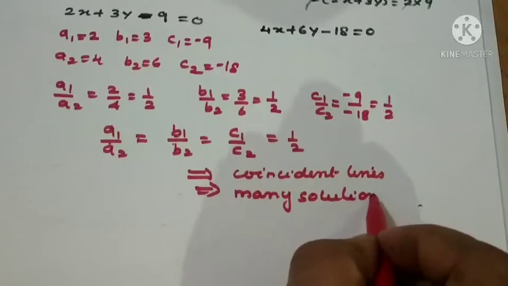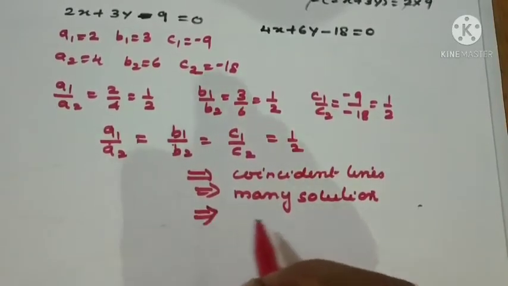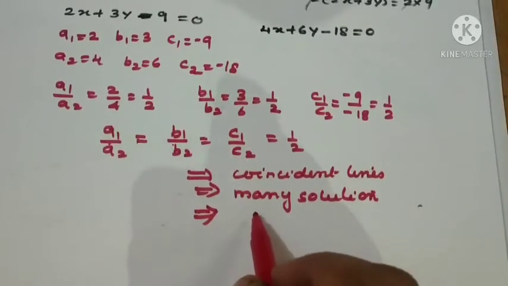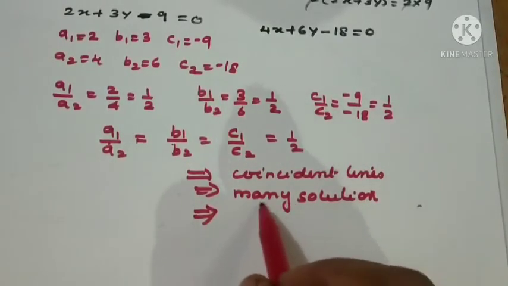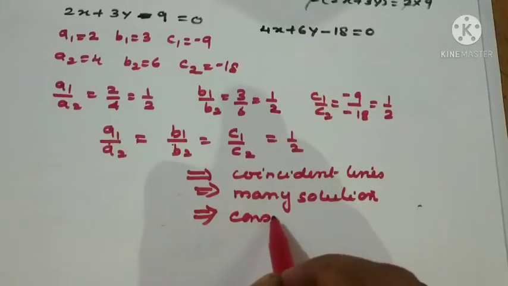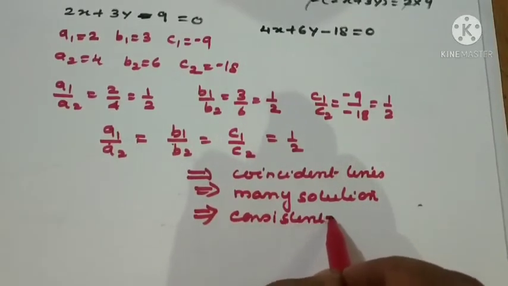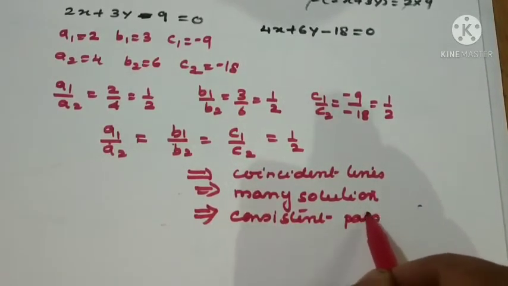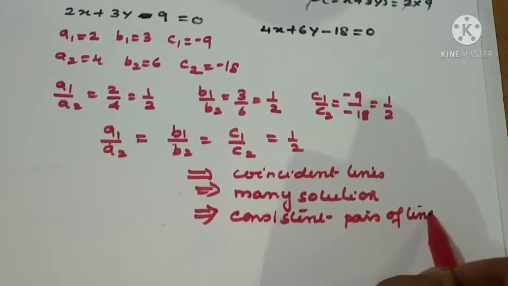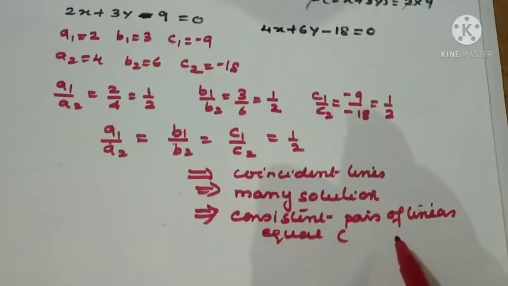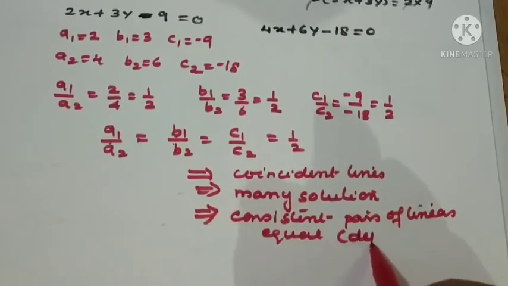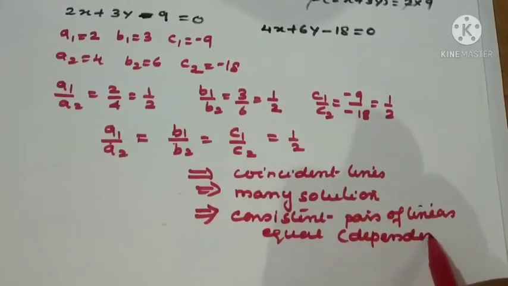Now what is the name of the pair? Whether it is consistent or inconsistent. Because we learned the definition, at least one solution, it is called consistent. Here many solutions are there, so it is called a consistent pair of linear equations. But here one line falls on the other, it is coincident, so they are called dependent consistent.